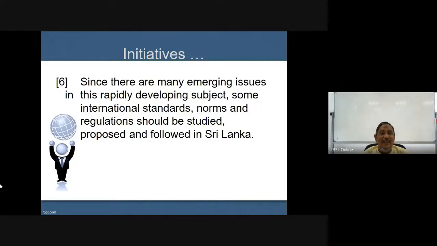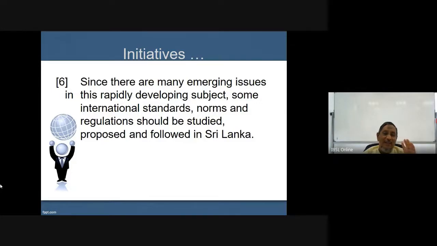The Bill of Exchange Ordinance was prepared in 1894 in the UK, in Britain, and brought to Sri Lanka in 1925. Still we are the same. To what extent are we able to change it?